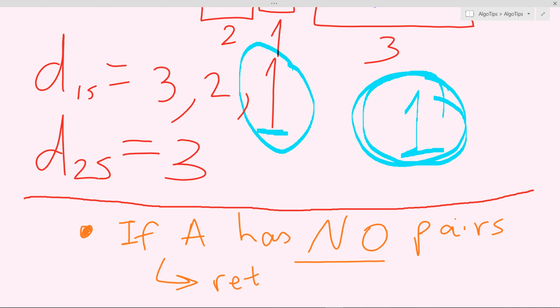And another thing, A is always non-empty. So just 2 caveats of information.